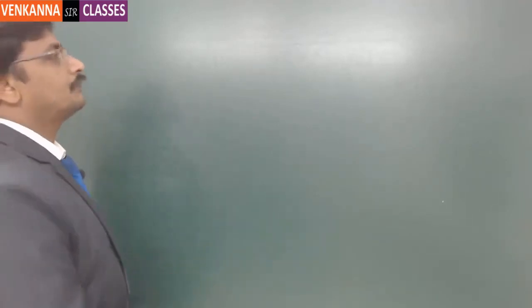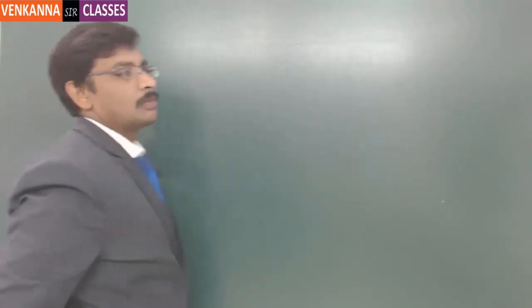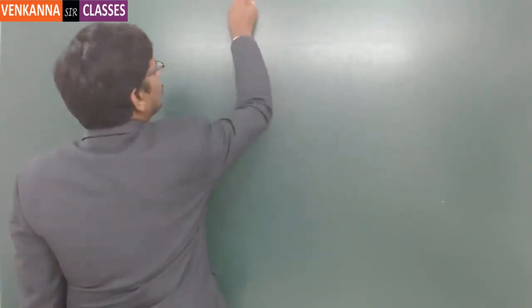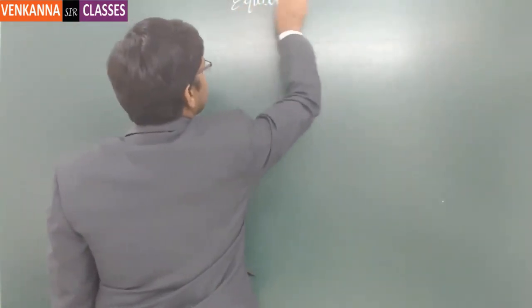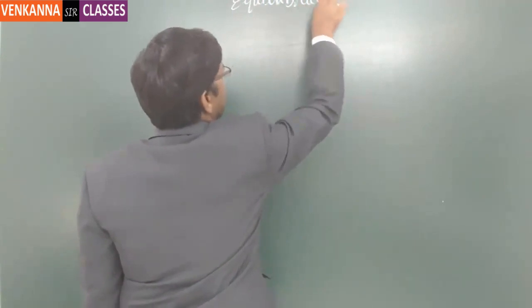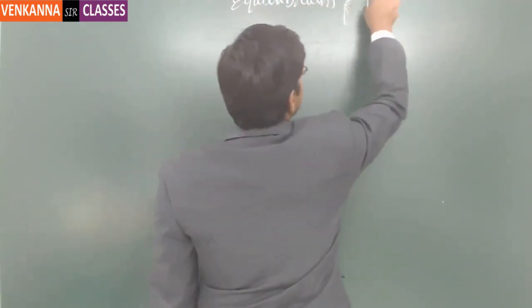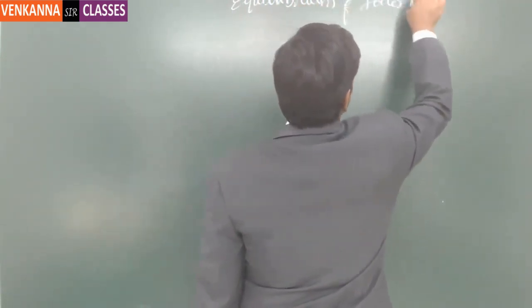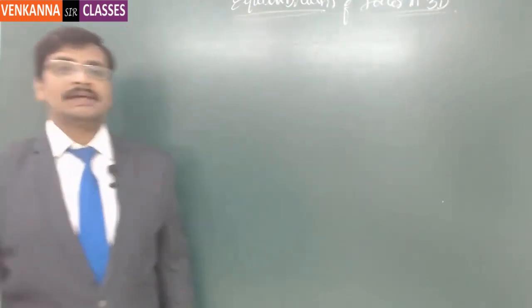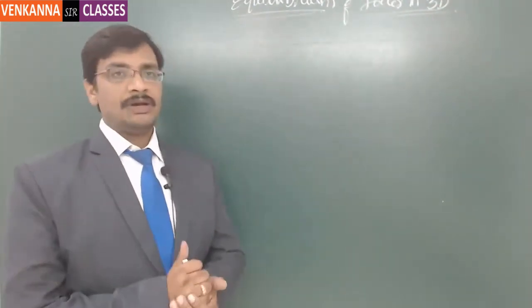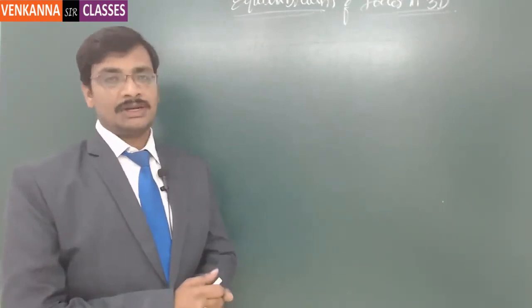So let us start. We will be solving some of the problems based on equilibrium of forces in 3D. We learned what is central axis, what is the wrench, and what is the pitch of the wrench, right?